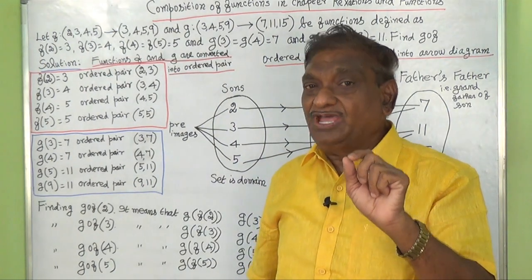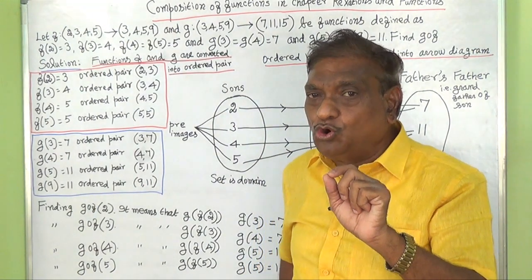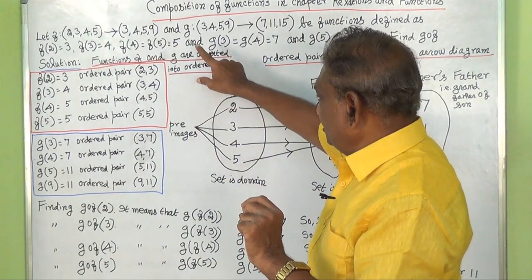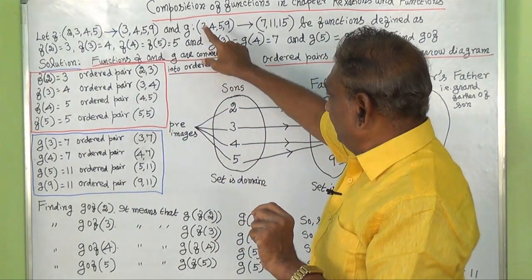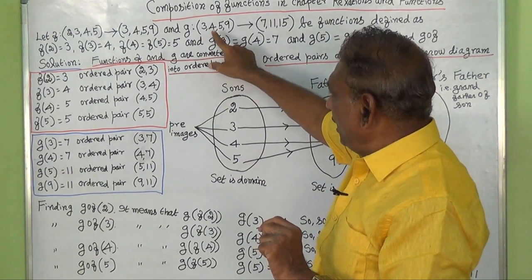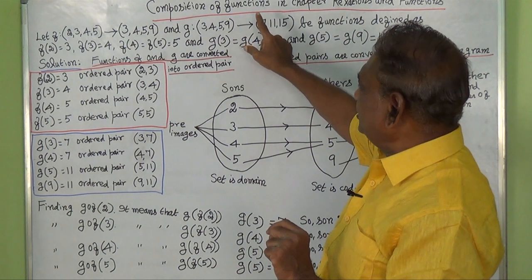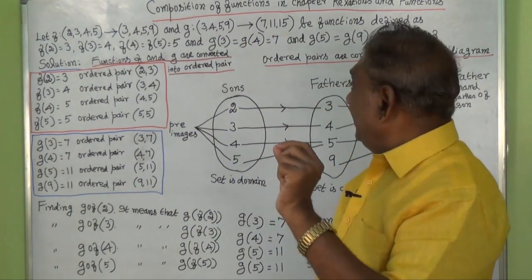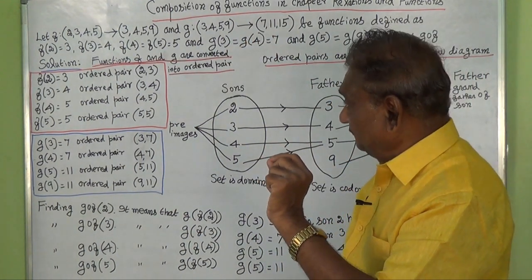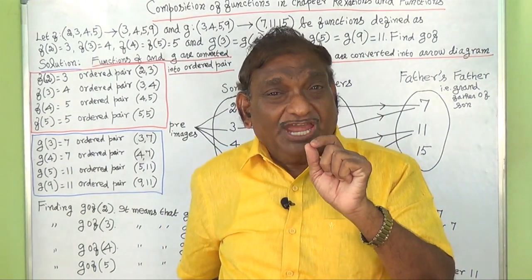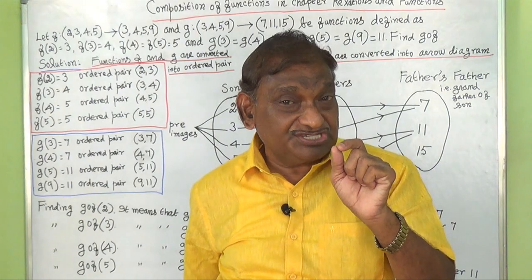Similarly, in the function g also there are two sets. That is, the set {3, 4, 5, 9} is related to the set {7, 11, 15}. How can we find g of f, that is, the composition of functions?